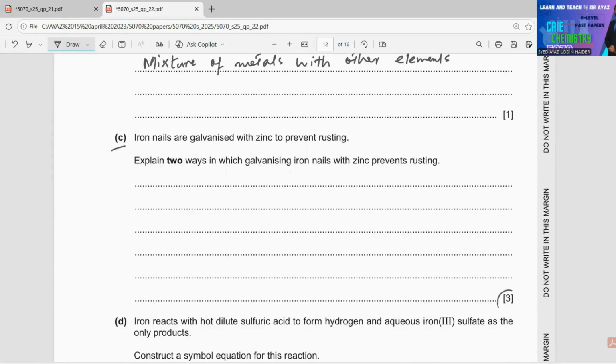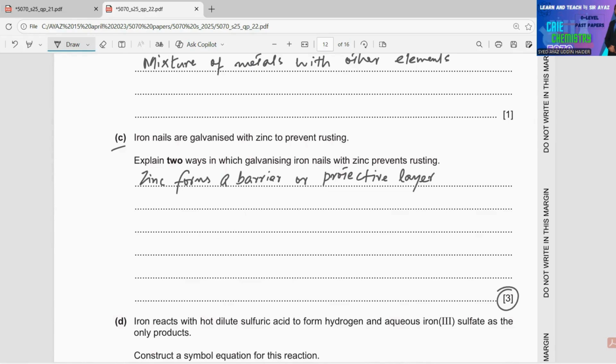Now, this question is of 3 marks, so you have to write 3 statements. So first of all, you can write zinc forms a barrier or protective layer. Then you will talk about that layer.